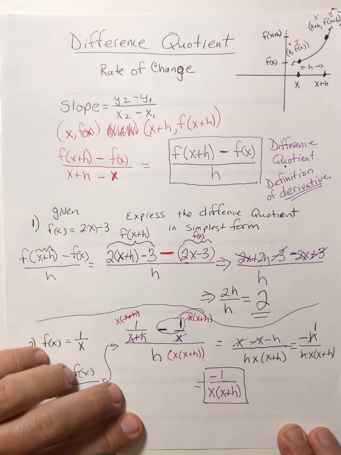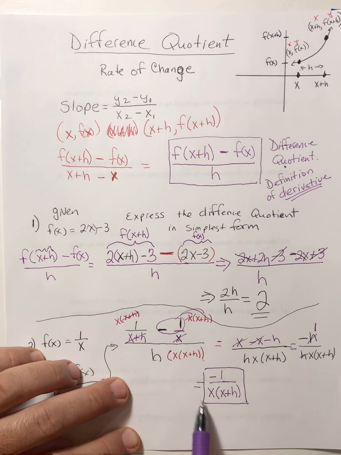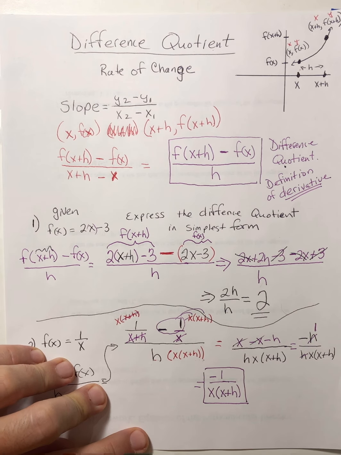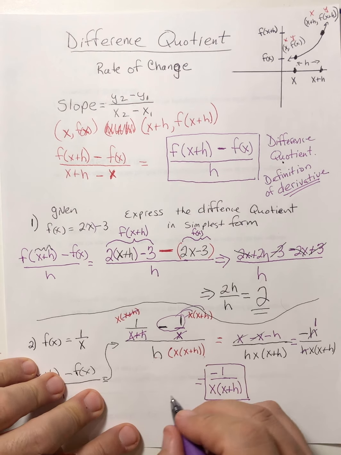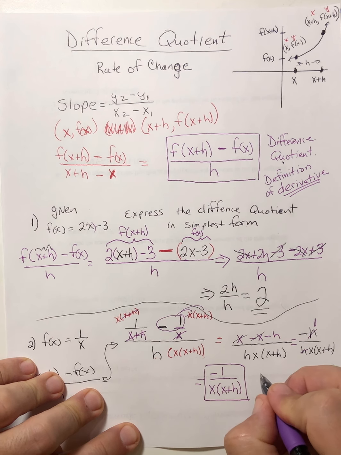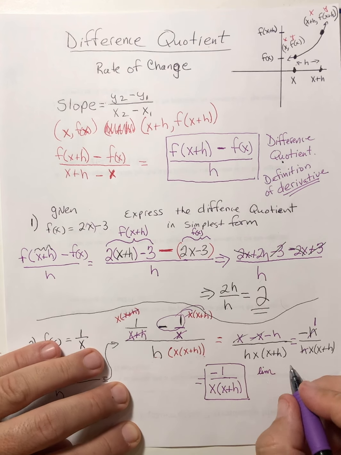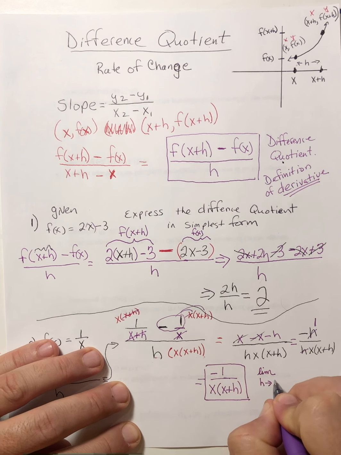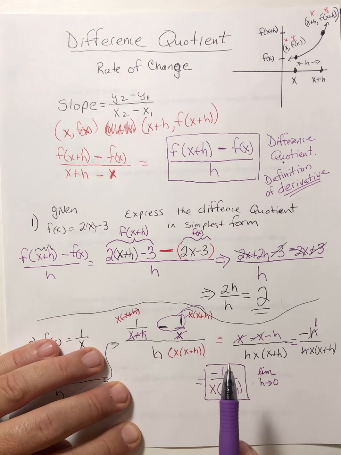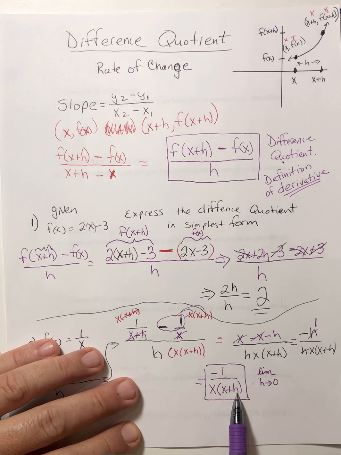Okay? So in calculus, once you get down to here, you would do this next step. You would say the limit, LIM for limit, as h approaches 0. So as this h right here gets closer and closer and closer to 0, what happens to h? It gets smaller and smaller and smaller, eventually becomes a 0. So what do we have on the bottom?